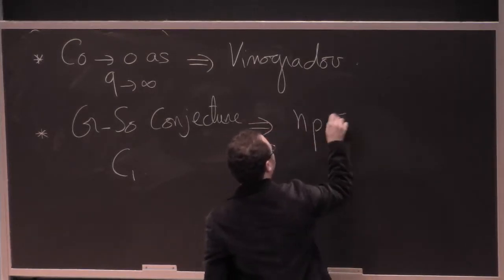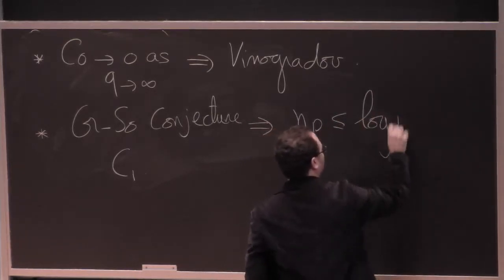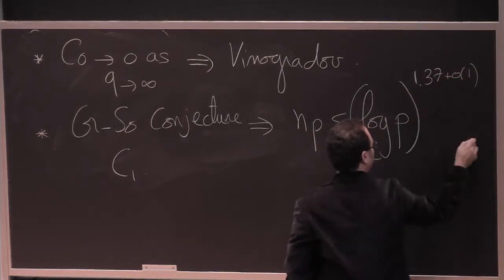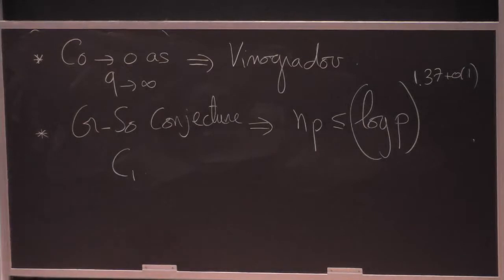So n_p is less than (log p) to the 1.37, while GRH only gives you (log p) squared. And what we believe the truth should be is (log p) to the 1 plus epsilon. That's what we believe the truth is. And you can see that GRH also gives you sort of twice the expected truth.